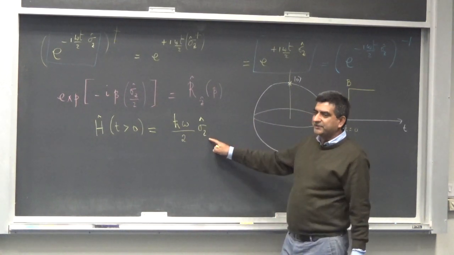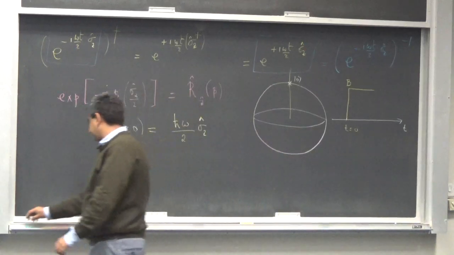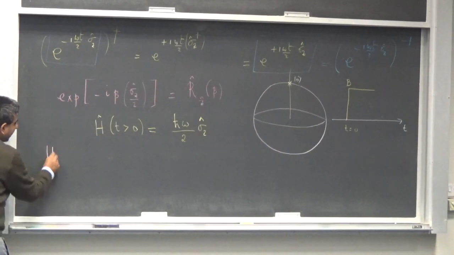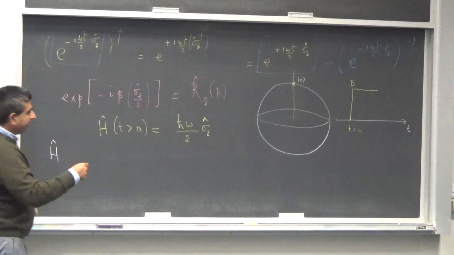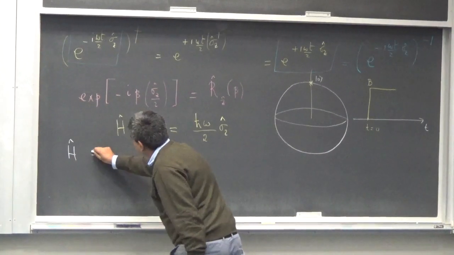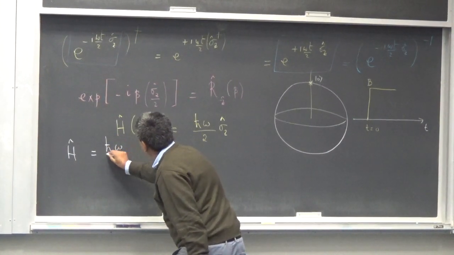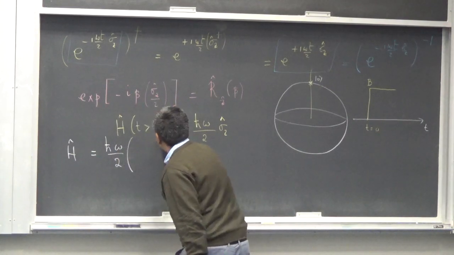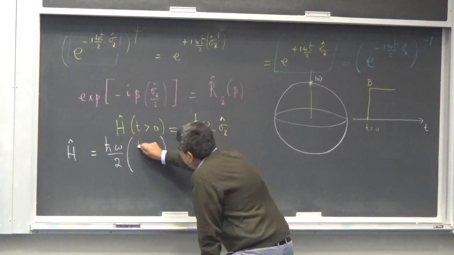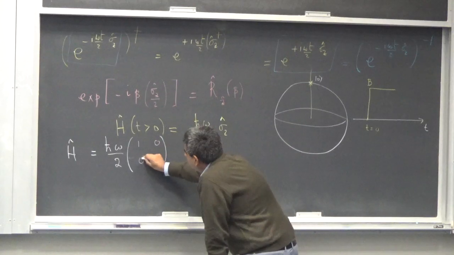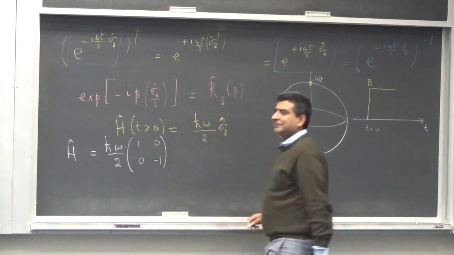So if you look at this matrix here, sigma z, let me write down the matrix H when the field is pointing along the z direction. H bar omega over 2, the Pauli operator sigma z is 1, 0, 0, minus 1.